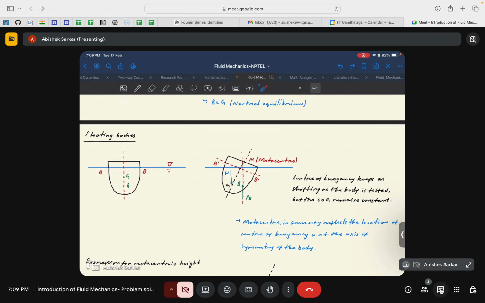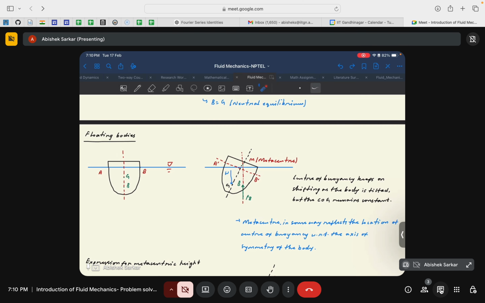So the important part, or the interesting configuration, is the stability of floating bodies. Okay, in the exam or in the assignments, I've not seen the assignments, so I don't know, but there might be questions where you might be asked the stability of floating bodies.